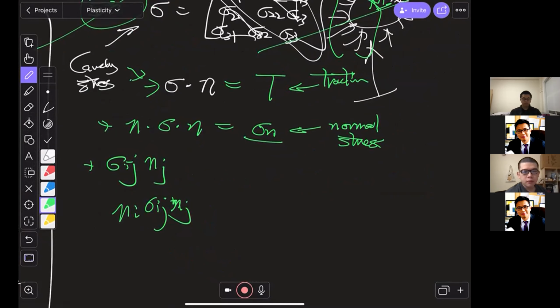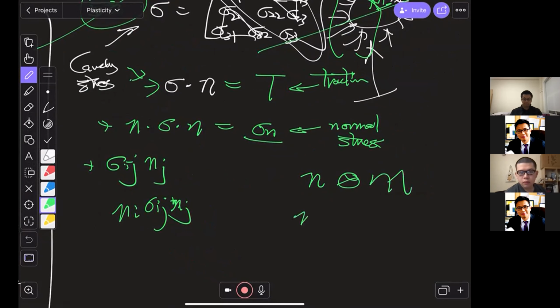Now, another very common thing is when I want to represent a tensor quantity, I can sometimes use two vectors to create a tensor.